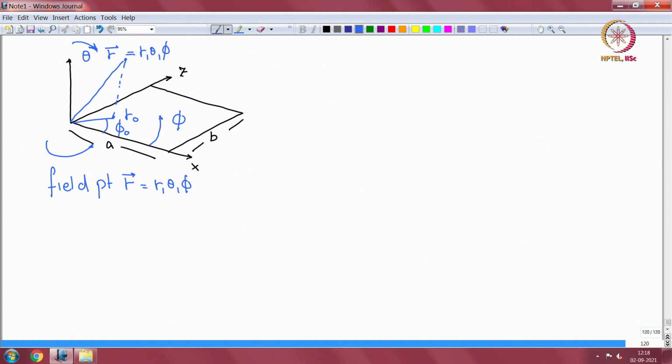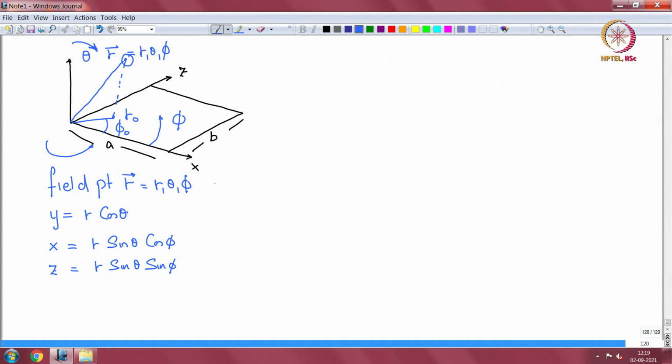Now we need the coordinates in rectangular description. So y is equal to r cos theta, the y value of this point, the x value is r sin theta cos phi, and z is equal to r sin theta sin phi.